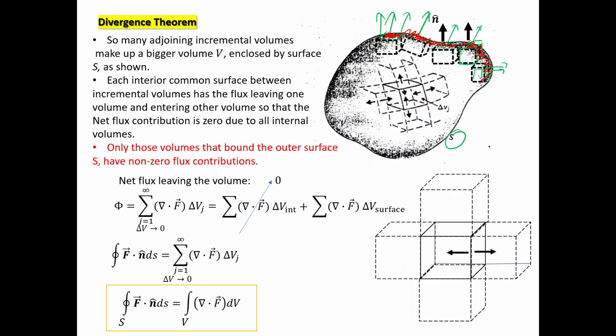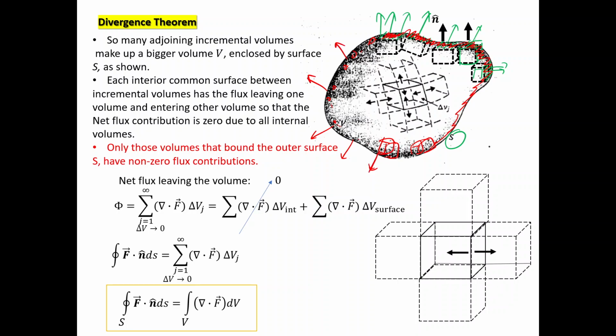Similarly, there will be so many faces here. Some face will be here, one will be here. Infinite number of points are there, hence we can think about infinite number of volumes whose faces, one face forms part of the surface S.